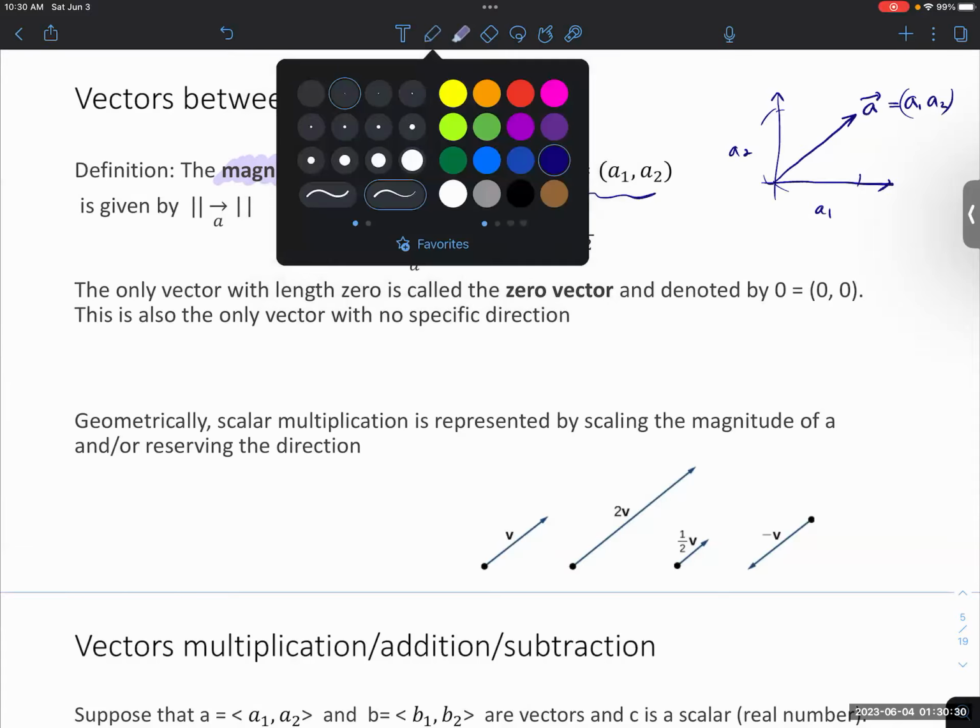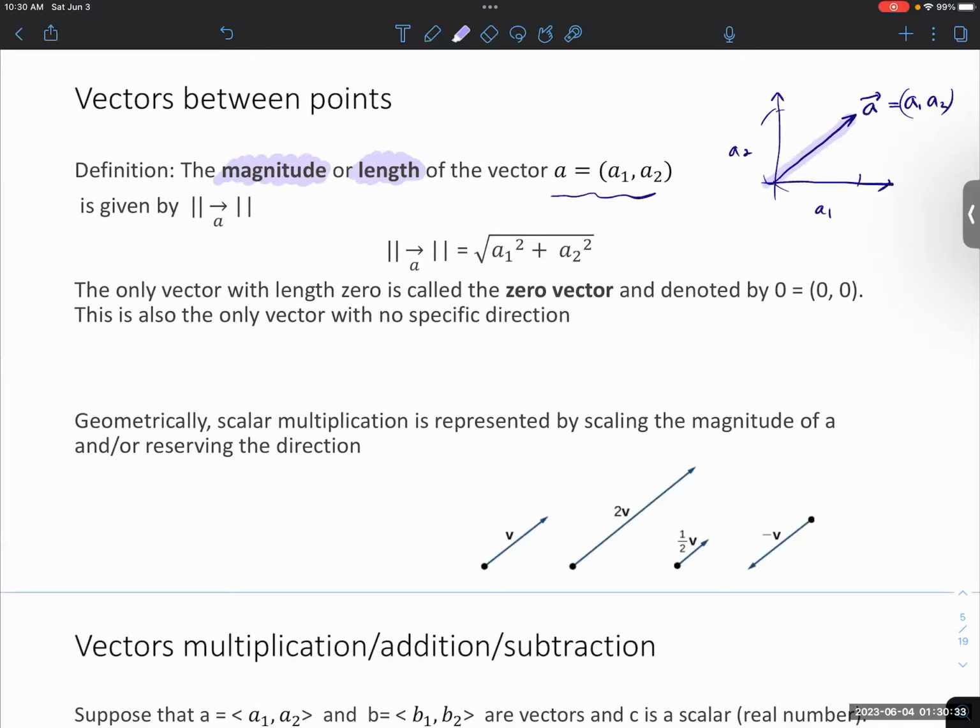I want to find its length, the magnitude. The formula is: square each component, sum them, and put the radical. That is the magnitude, the length of the vector A.